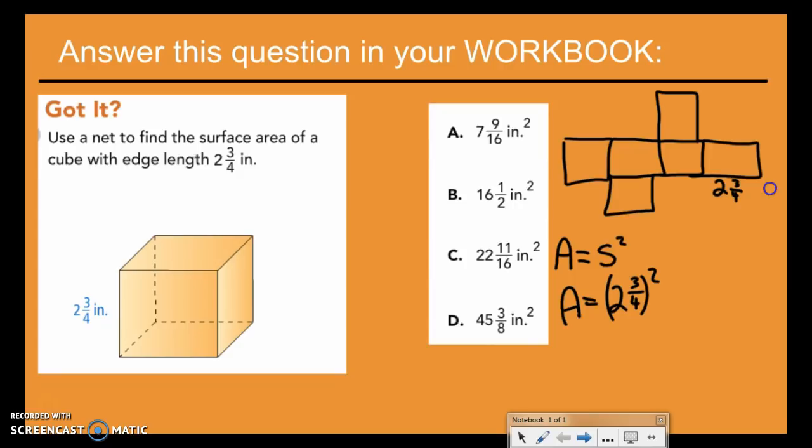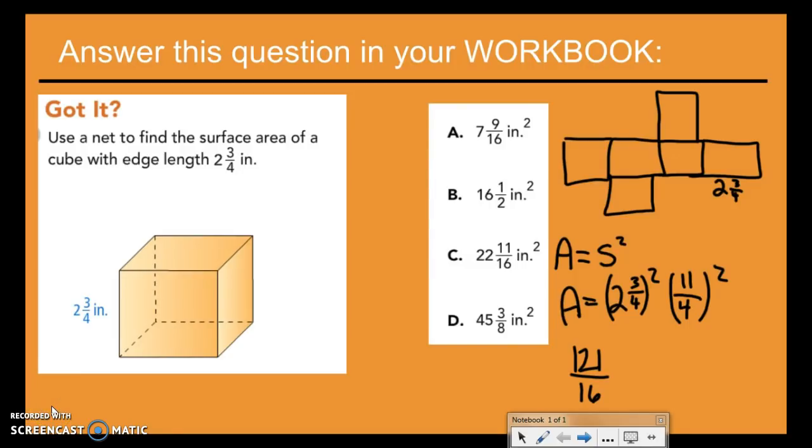Now we have to turn the 2 3/4 into an improper fraction. 2 times 4 is 8, plus 3 is going to be 11/4 squared. Now we just do 11/4 times 11/4, which gives us 121/16ths.